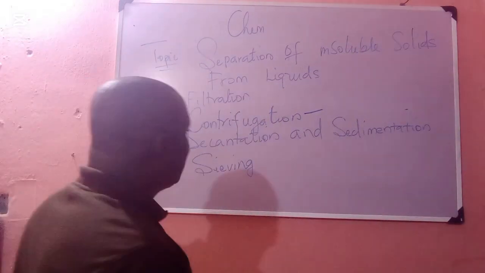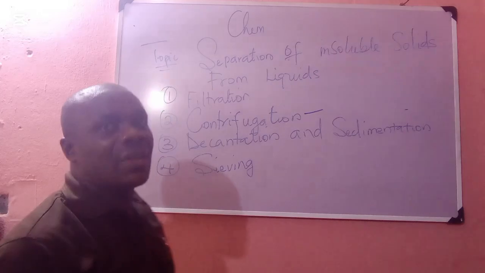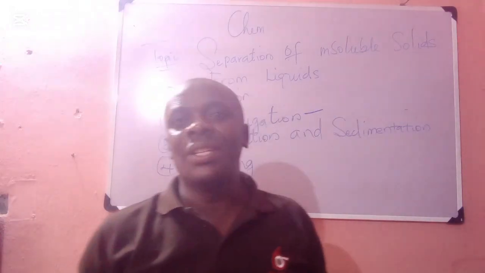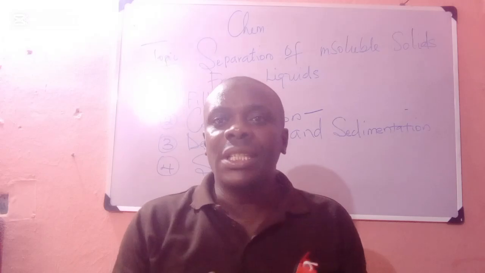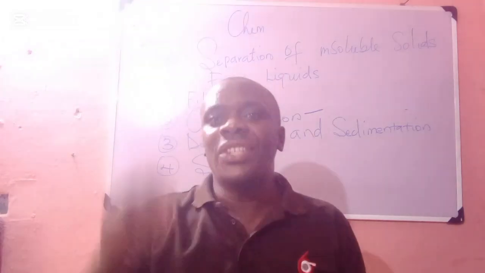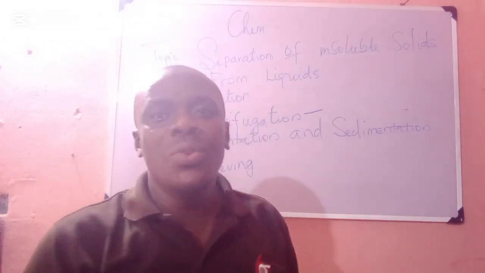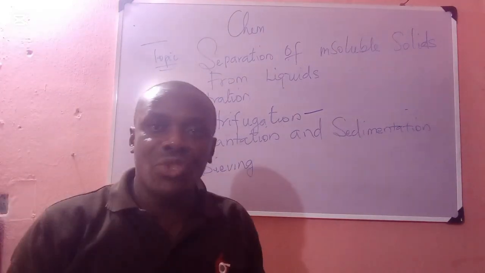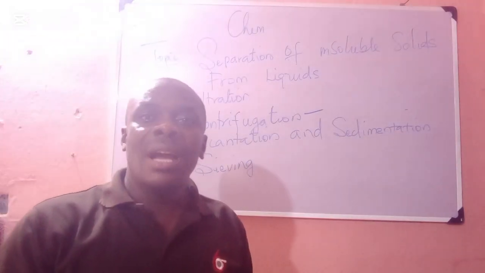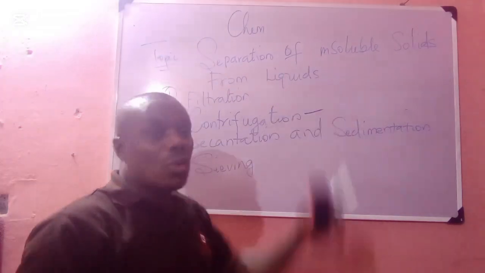Then the last one is sieving. This has to do with a sieving material. When a solid is in liquid, you use a sieving material. You pass the liquid and the solid through it.